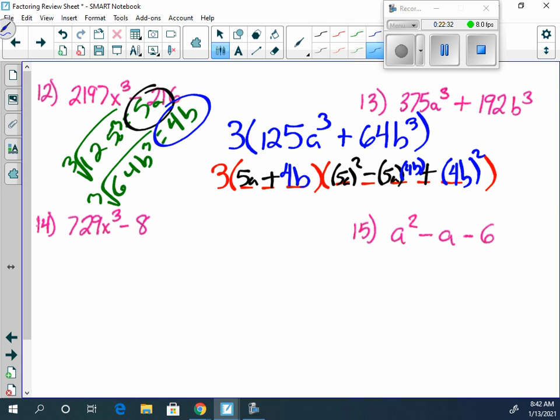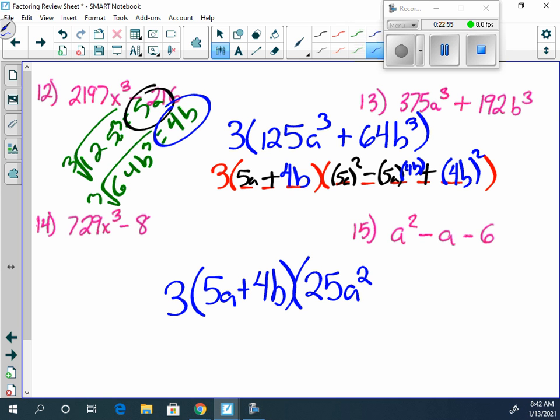I have a feeling most of y'all still have space to write here, yes? Okay, I'm going to have to move down because I ran out. So we'll have 3 times 5a plus 4b. Because in the sum and difference of perfect cubes, the first set of parentheses really doesn't change. Well, 5a squared: 5 squared is going to be 25, and a squared is just a squared.